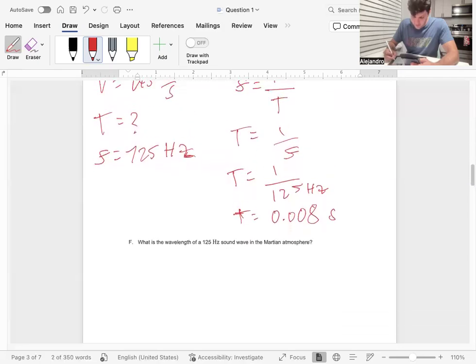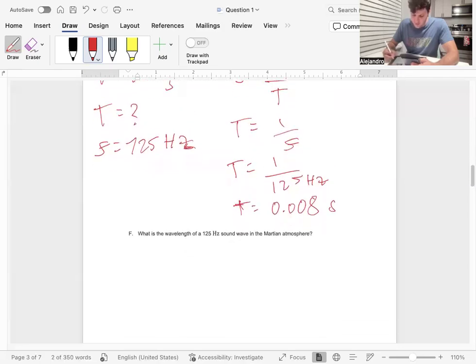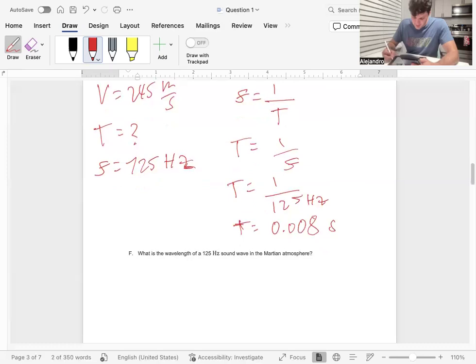Okay, F. What is the wavelength of a 125 hertz sound wave in the Martian atmosphere? Wavelength is what we need to find.